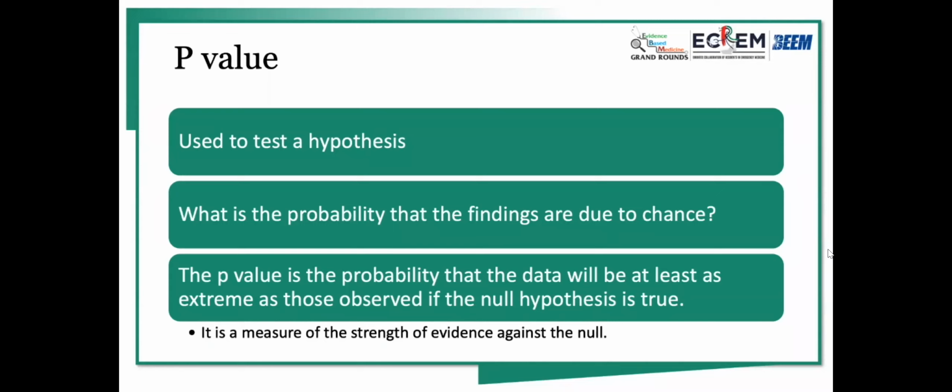So again, the best description I found of p-value is that it is the probability that the data will be just like the way it is, in other words, as extreme as it is, by chance, at only approximately the p-value percentage. So it really is a measure of the strength of the evidence against the null hypothesis.